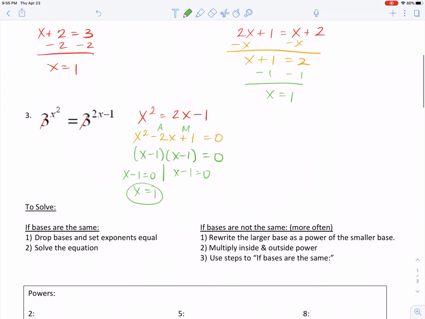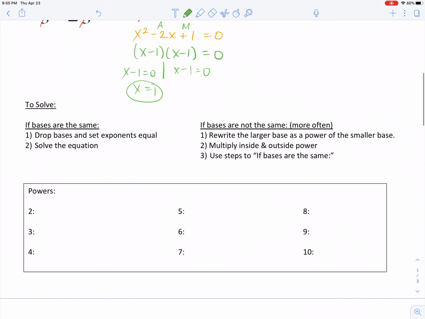Okay, so to solve, if the bases are the same, it's very easy. You drop the bases and set the exponents equal, and then solve the equation. That's what we just did for examples Do Now 1 through 3. If the bases are not the same, which is your more often situation, you have to rewrite the larger base as a power of the smaller base.